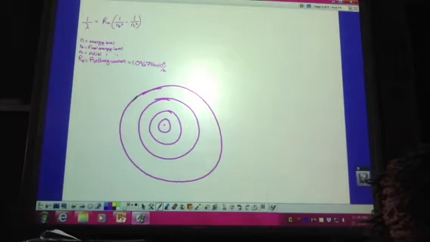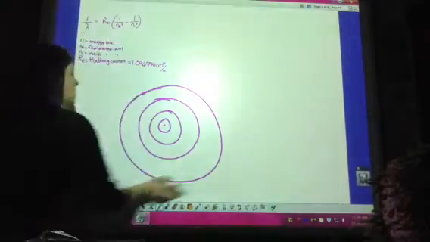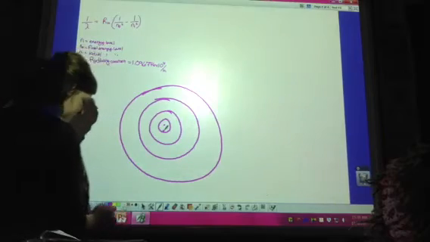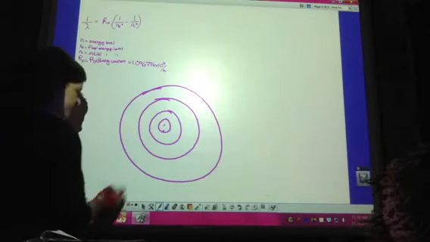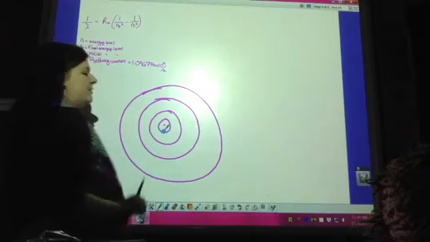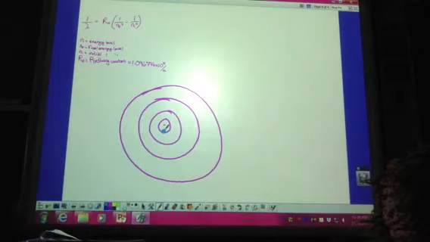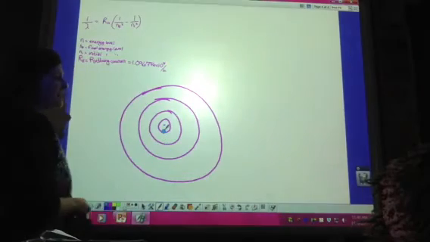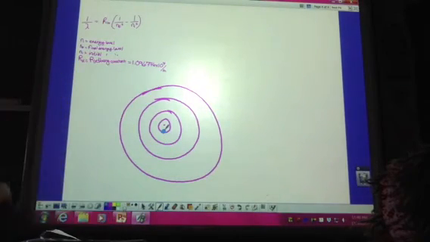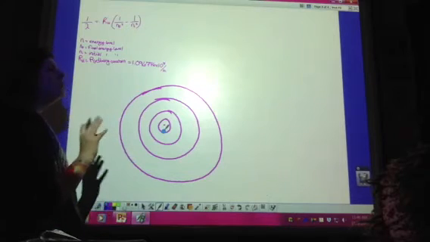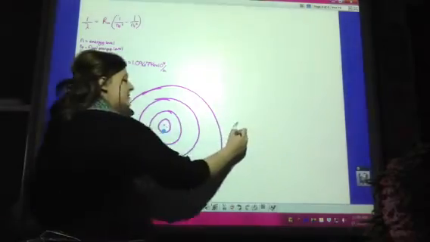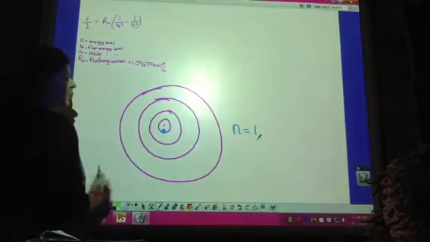Bohr's model says that electrons are orbiting around the nucleus in particular orbits. Let's say I have an electron right here on the first energy level. The first energy level is also called the ground state. It's going to absorb a discrete amount of energy, enough that it could move from the first energy level, n equals 1, to n equals 3.